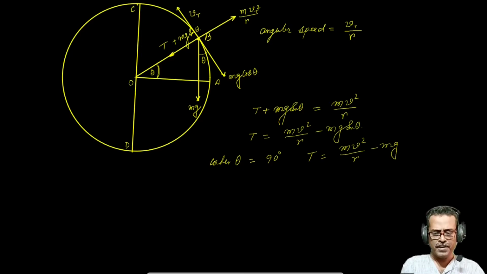Therefore, T minimum, minimum tension, is equal to m v square by r minus mg.